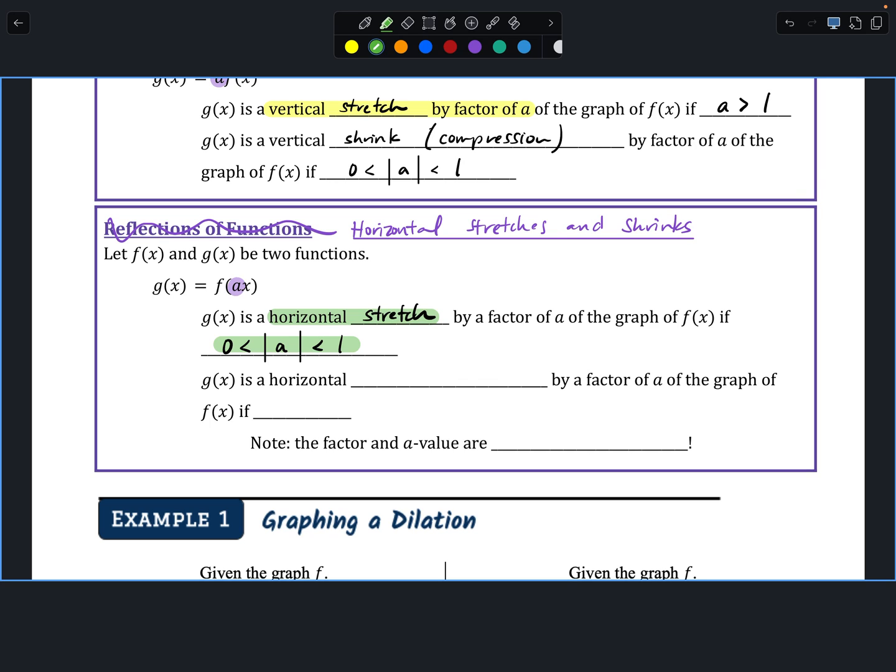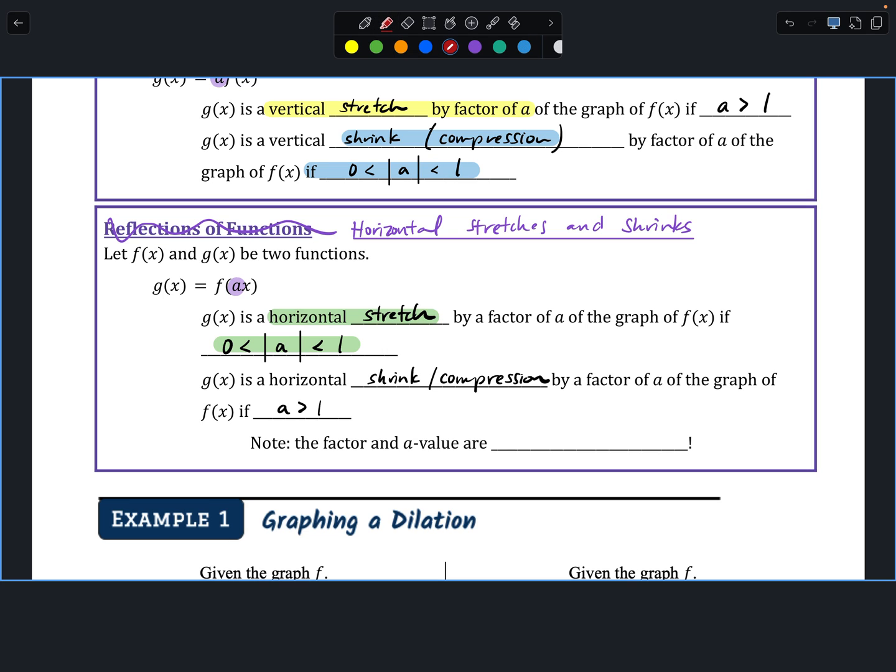And then g of x is a horizontal shrink or compression by a factor of a of the graph of f of x if a is greater than 1.